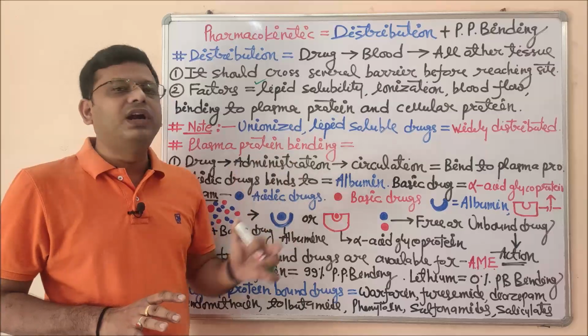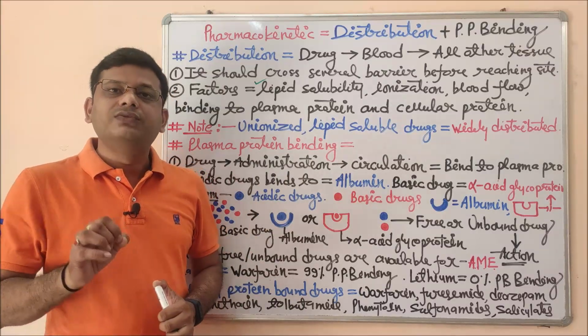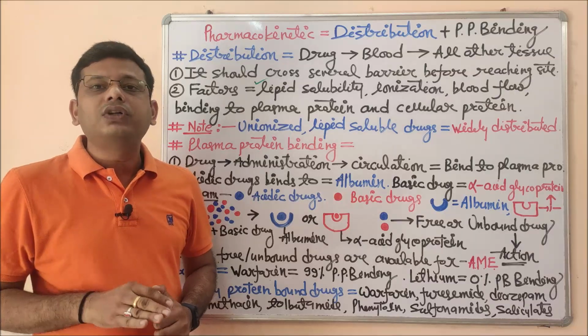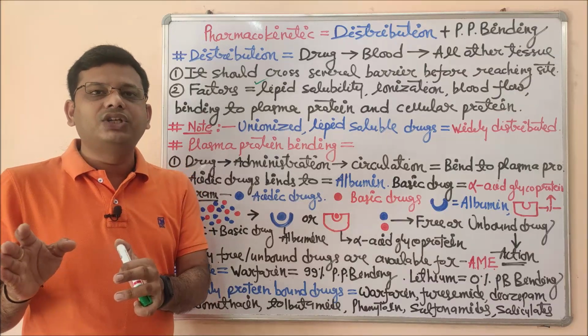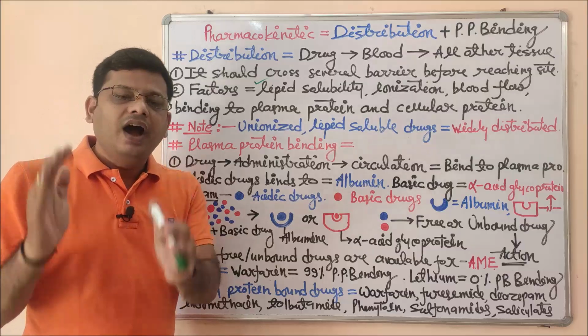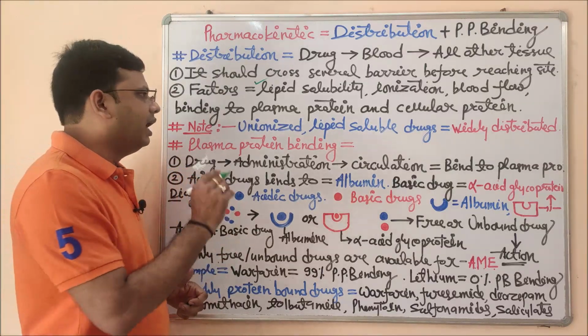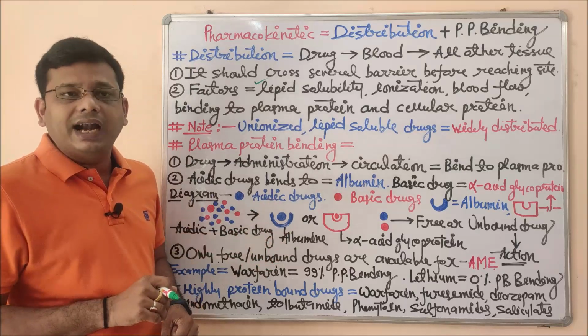So the rate of blood flow to a particular organ or tissue is a determining step, we can say a rate limiting step for distribution. Higher the blood circulation, higher the availability and distribution of drug to the particular organ or site of action where it has to act.